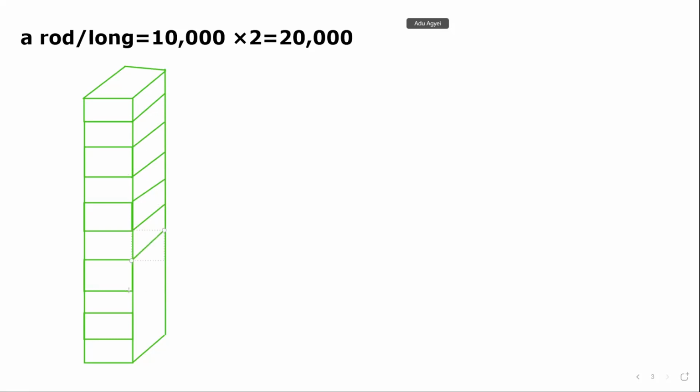Now we said a rod is 10 of what? Keys. The 10 keys are stacked in a vertical form. It can also be in a horizontal form. Okay, good. So now that is the rod.